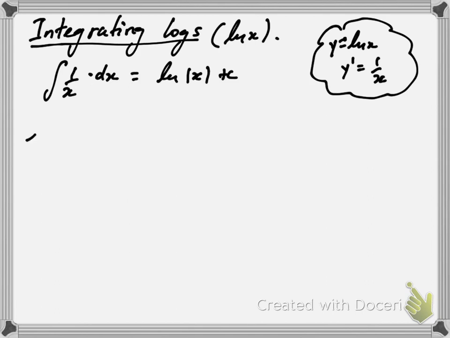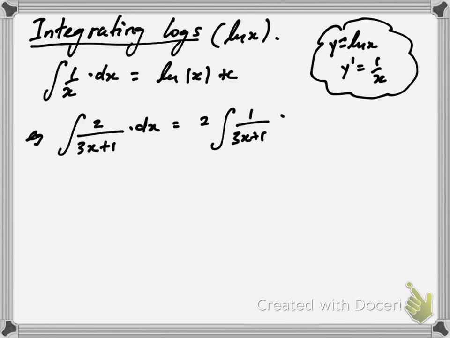Let's try an example. Let's integrate 2 over 3x plus 1 dx. You can just take out the 2 and then integrate the rest if you want: 1 over 3x plus 1 dx. I haven't integrated yet, I have just taken the constant out. You can also just leave it there, which is fine.